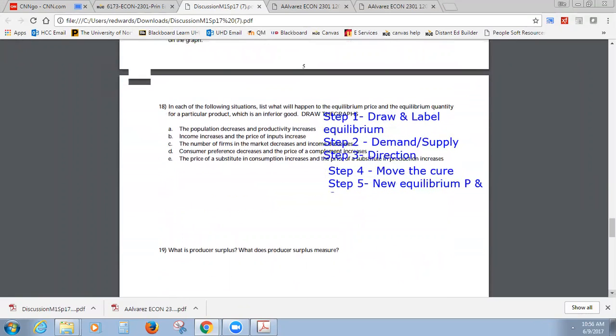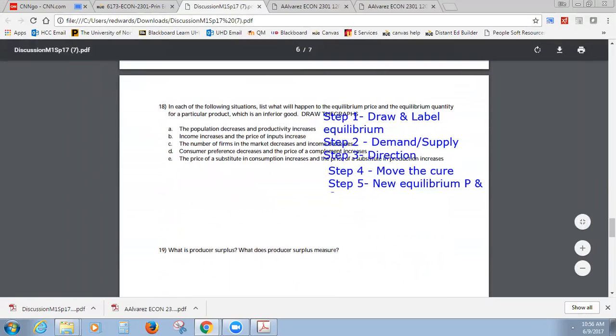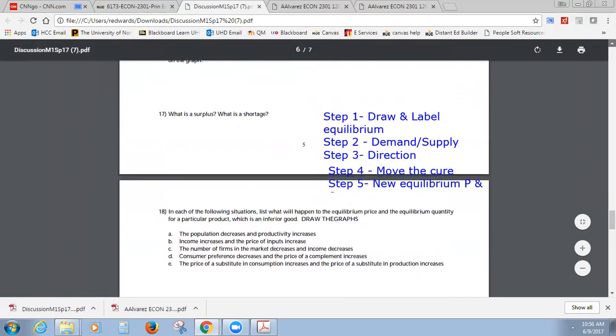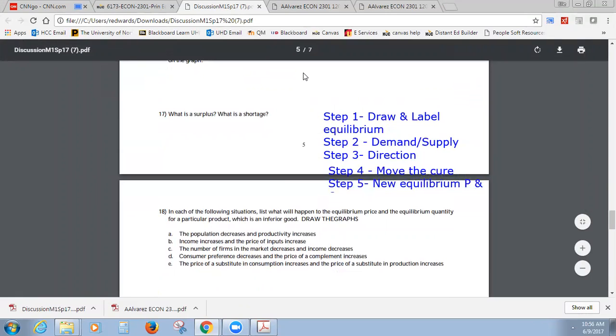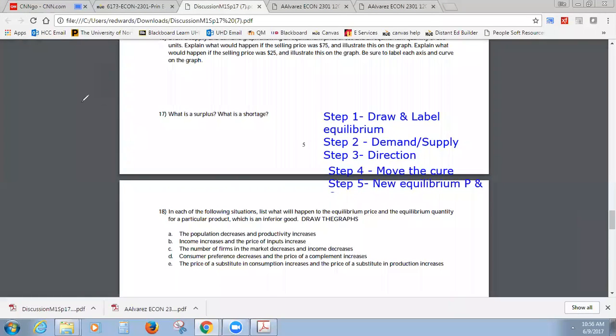All right, so with 18, each one of these is going to vary depending on how you worked it out. All right, so here I'm going to go draw my curve. First thing, draw and label equilibrium. So I have a market in equilibrium. I have a supply curve. I have a demand curve. I have Q here, which is my quantity.